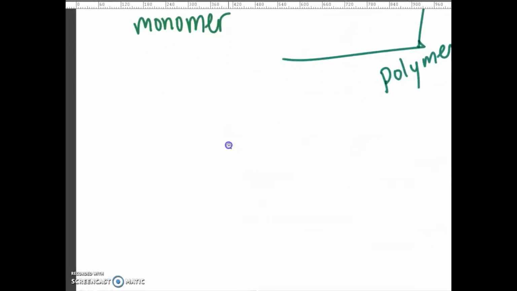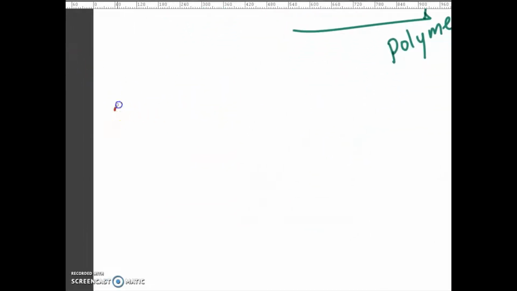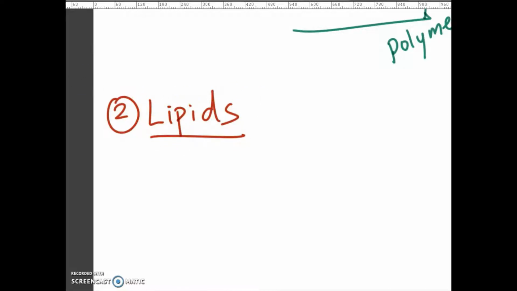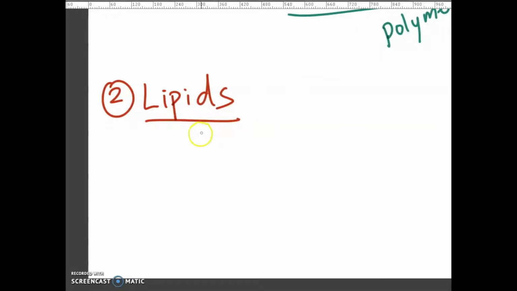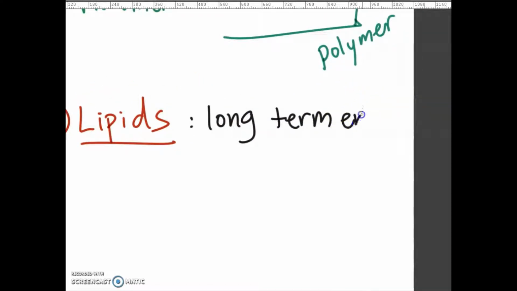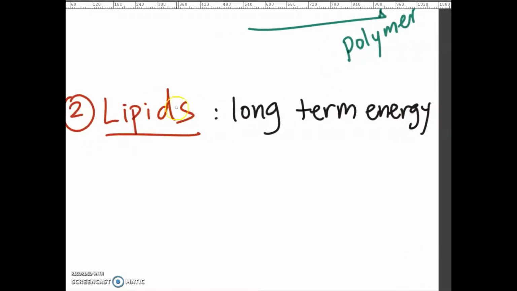Okay, so first was carbohydrates. Great. Now let's move on to the second one, called lipids. So number two, lipids. If carbohydrates are short-term energy, your lipids are going to be responsible for long-term energy. When we say long-term energy, we mean when you store your energy, you store it as lipids, and you can rely on them for months on end.